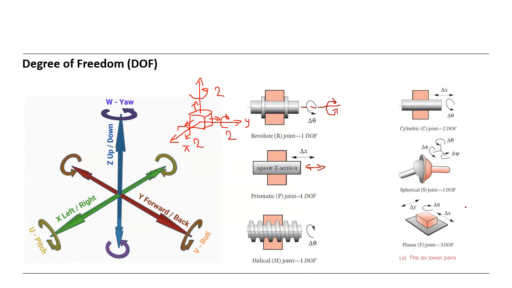No. If we have a helical joint, this is also 1 degree of freedom. This is rotation. Whereas if we fix the screw, we have only the linear motion. If we fix the nut, we have rotary motion.